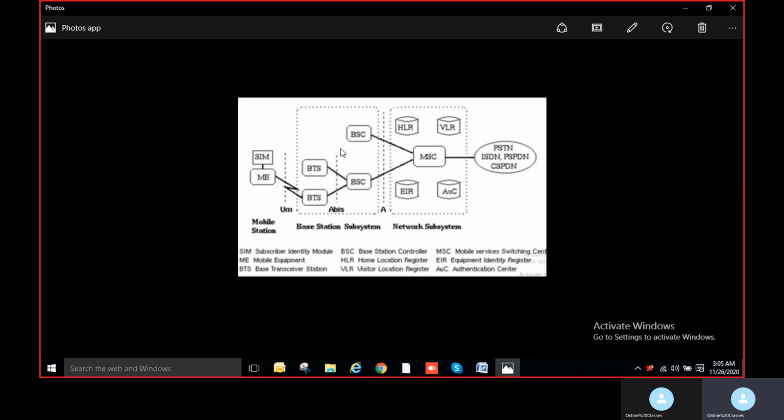Entire wireless services are divided into two parts: real time services and non-real time services. Real time services means, suppose you are attending a class and there are packet drop issues, then there is no meaning to that class. Suppose you are streaming a video, there delay can be possible, but packet drop cannot be possible.